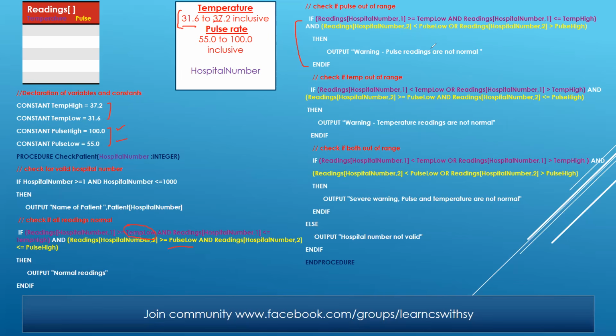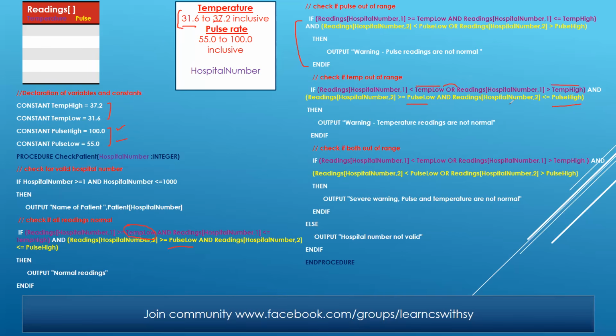Moving on to the third situation. Check if temperature is out of range. The same thing, as you can see, we are checking the temperature out of range, again with the use of or. Less than temp low, or readings, hospital number, comma 1 is greater than temp high, and readings, hospital number, comma 2 is greater than or equal to pulse low, and readings, hospital number, comma 2 is less than or equal to pulse high. Again, you can see the use of pulse low, pulse high, temp low.